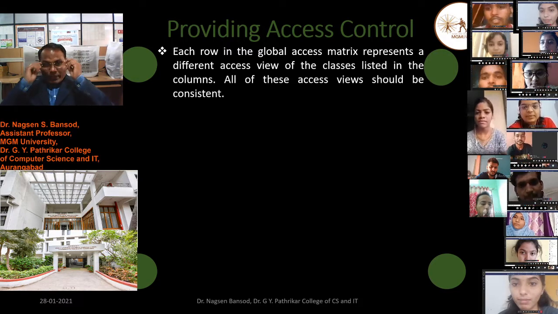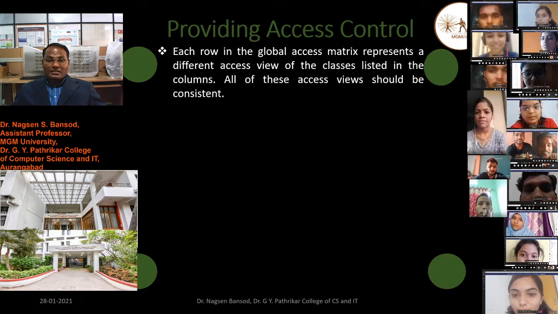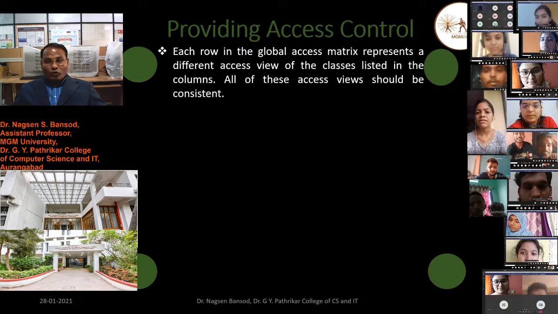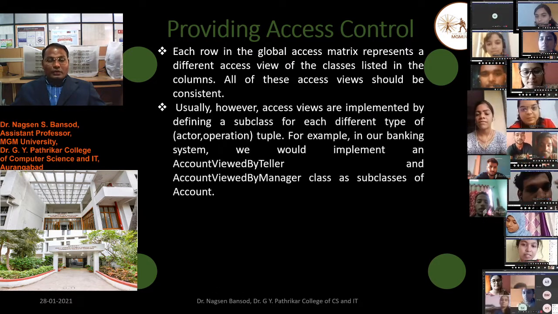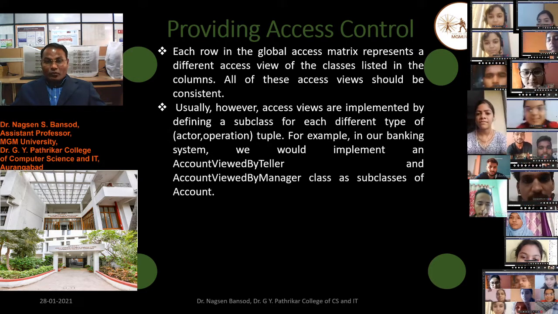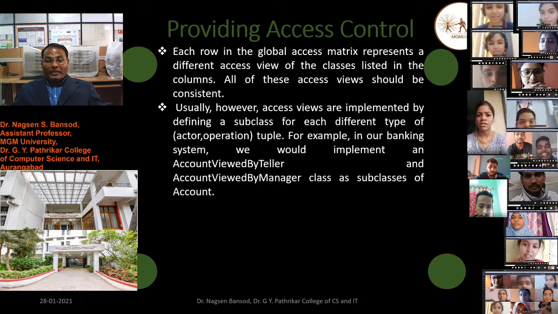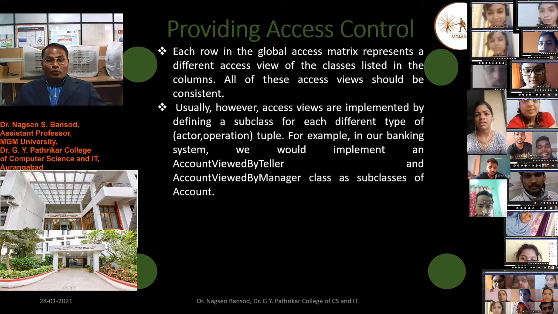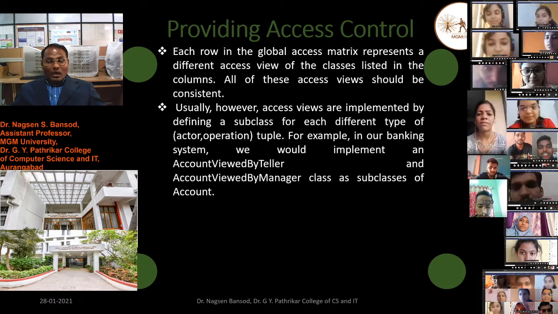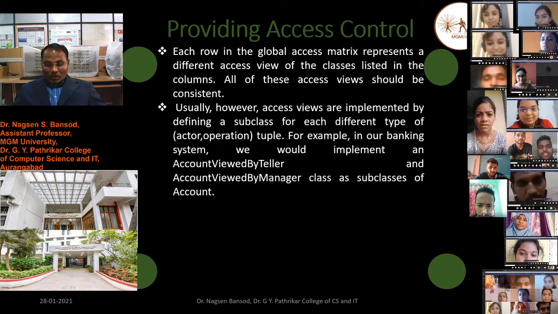Each row in the global access matrix represents a different access view of the classes listed in the columns. All of these access views should be consistent. Usually, however, the access views are implemented by defining a subclass for each different type of actor operations tuple. For example, in our bank system, we would implement an account view by teller and an account view by manager class as subclasses of the account.